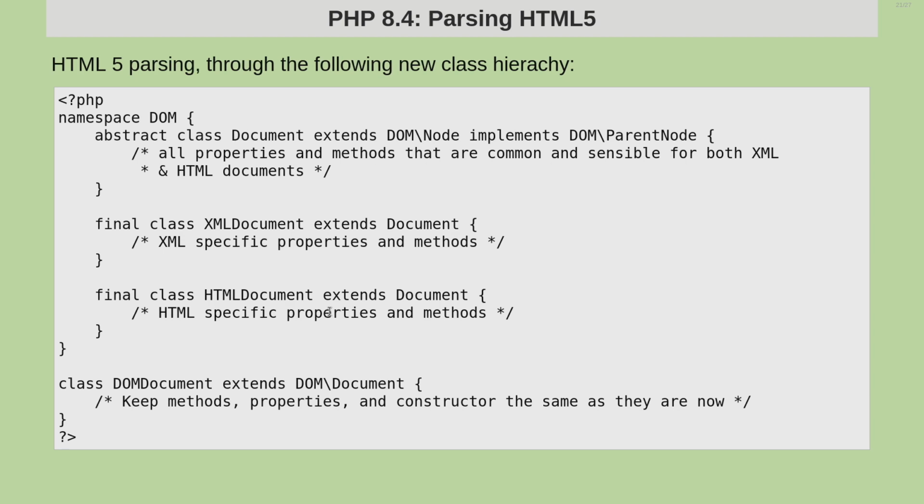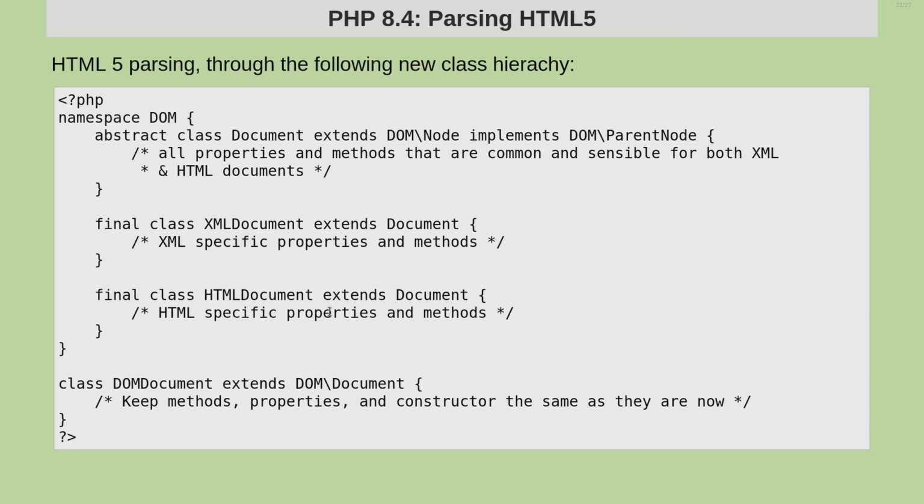By creating a new namespace called DOM, it's called the DOM extension, Document Object Model. By creating two final classes in there, one is called XML document and the other one is called HTML document. And these are basically a wrapper around the old DOM document class with specific methods and validation for XML in the DOM/XML document, as well as for DOM/HTML document, which will now be an HTML5 parser and not an HTML4 parser.